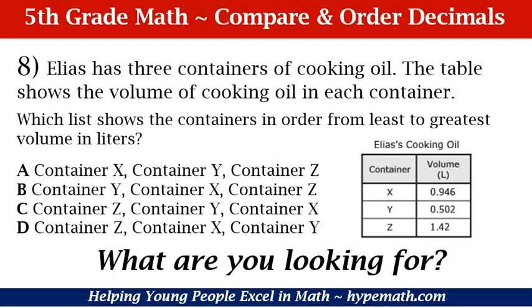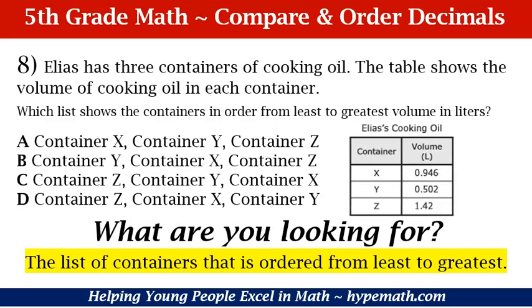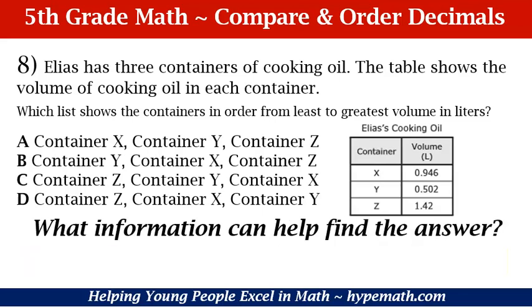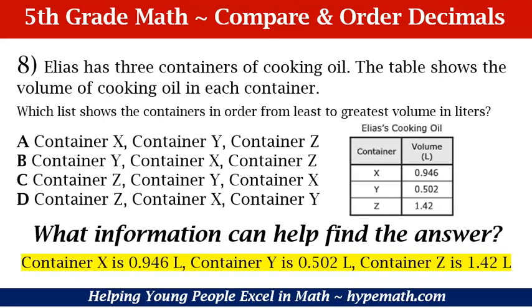Okay, of course, the question of the hour is, what are we looking for? We are looking for the list of containers that is ordered from least to greatest. What information can help us find the answer?